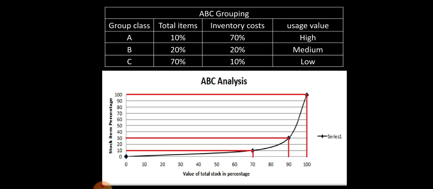In the graph of value of stock in percentage versus stock items in percentage, what you can see on the screen, referring to the graph, we can demarcate all items in ABC classes. From the graph we can see that 10% of items have consumed 70% value of total cost, 20% of the items value 20% of the total cost, and so on.